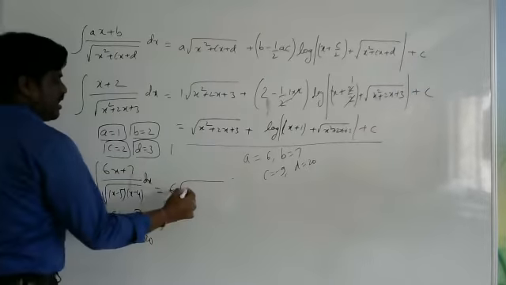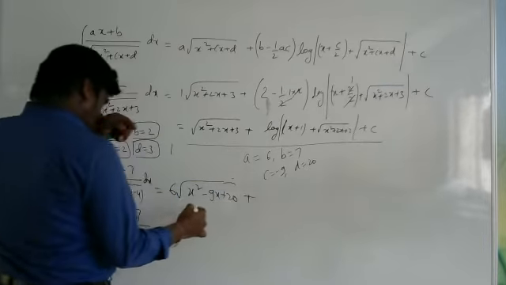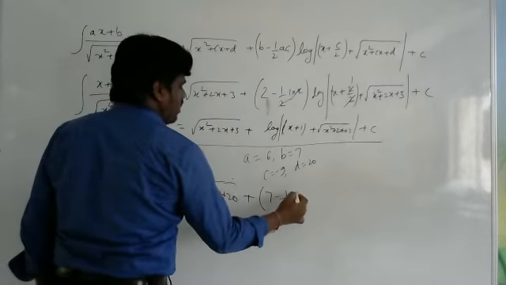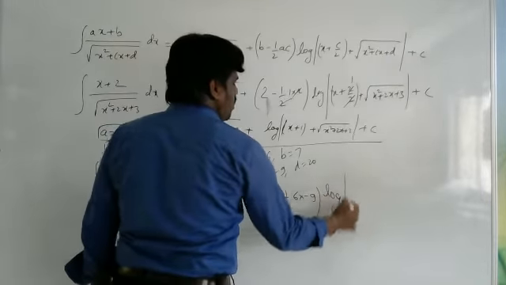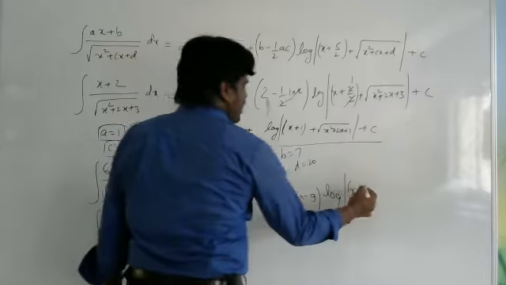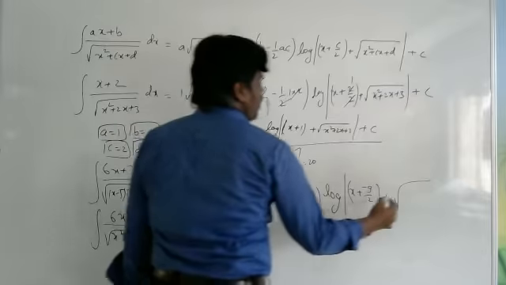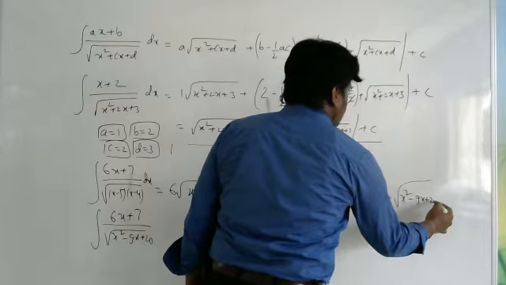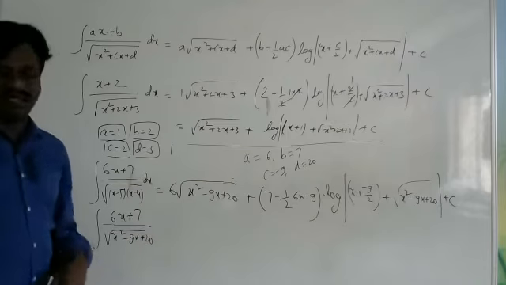So I get 6 times the square root of x² − 9x + 20, plus b. b means what? 7 minus half into ac, that is 6 into −9, and log modulus of x plus c by 2, c means how much? −9, so −9 by 2, plus the square root of x² − 9x + 20, plus c. This is the answer. You have to simplify this, you will get the answer.